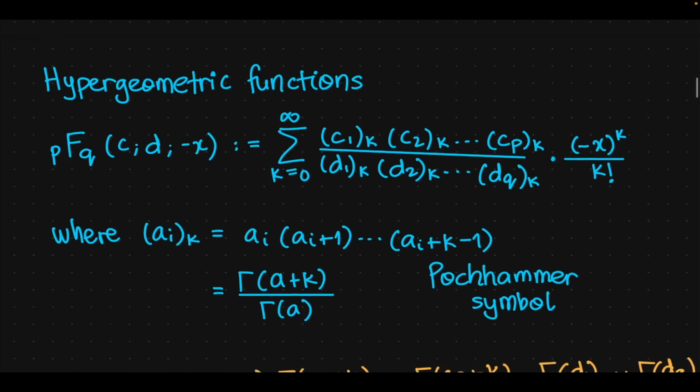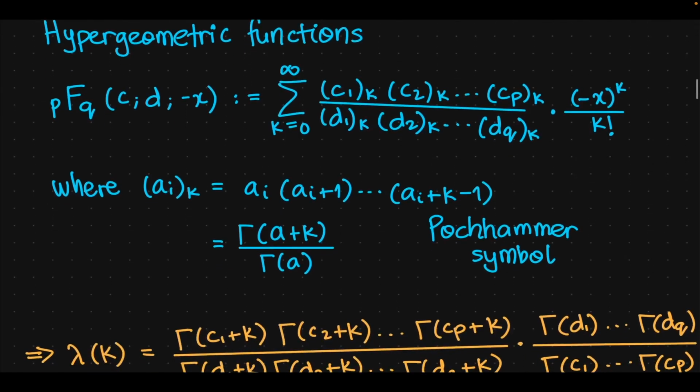The only thing we need to clarify is this subscript k. What is this notation? Don't get intimidated. It was intimidating, I'm not going to lie. So ai sub k is actually ai times ai plus 1 up to ai plus k minus 1. So it's like a reverse factorial basically, because you're increasing a power, but you're not going infinitely high. Otherwise it would diverge.